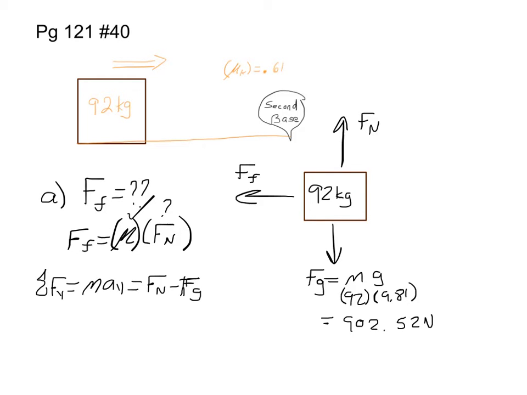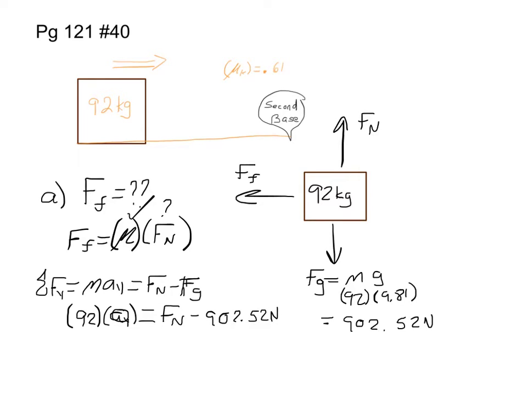So we're going to have 92 kilograms times his acceleration, which we don't know, is equal to the normal force. Oh, we do know his acceleration. Sorry, his acceleration is going to be 0 in the y direction. So 0 is equal to his normal force minus the force of gravity, which is 902.52 newtons.